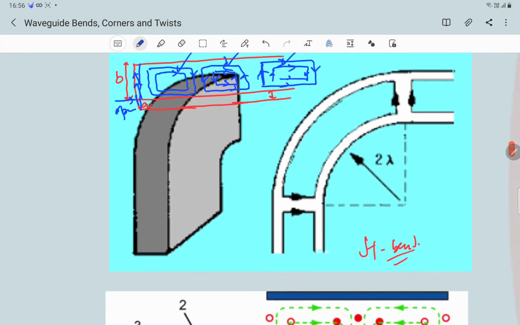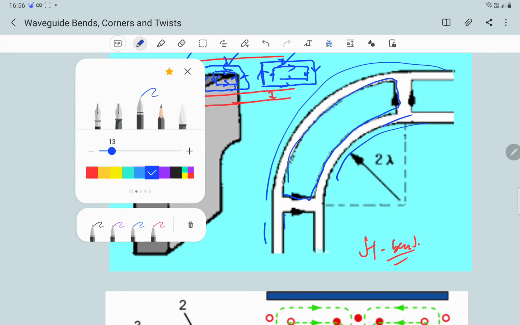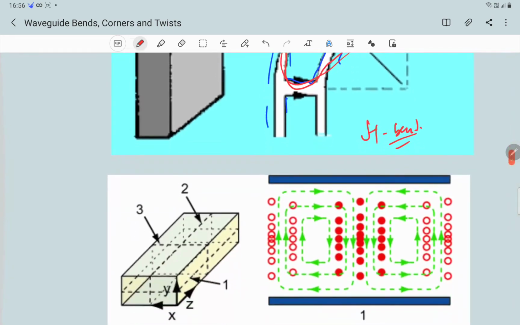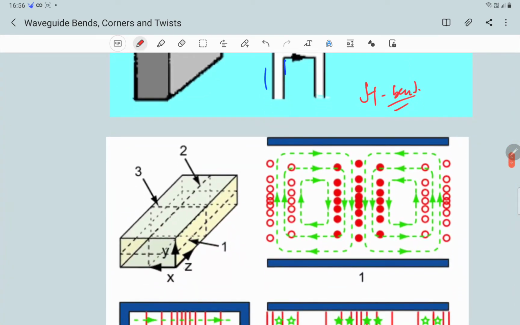Now, what happens in an H bend? This is an H bend. If you can see, when we do this bending, it is the magnetic field that gets distorted. This shows that it's the magnetic field that gets distorted where we bend it. This is also evident from this figure. This is a rectangular waveguide, and this is how the fields look.